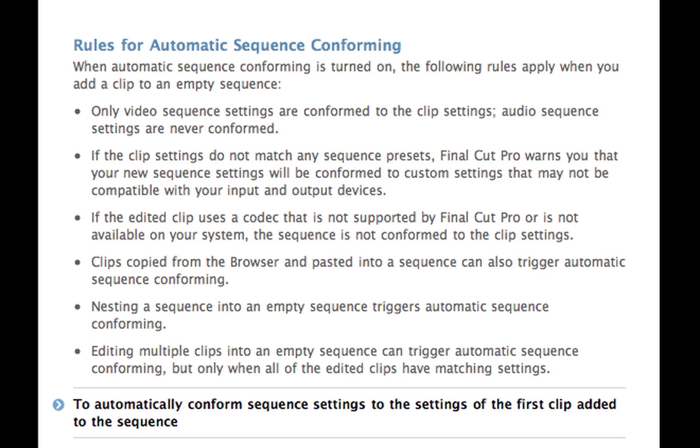The autoconform means that when you first bring a clip or a graphic or something else into the sequence, Final Cut can warn you that the settings for the clip that you are bringing in are different from the settings of the sequence, and you can choose what you want to do from that point on.